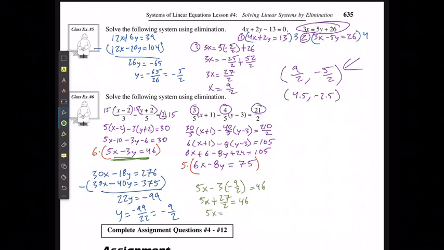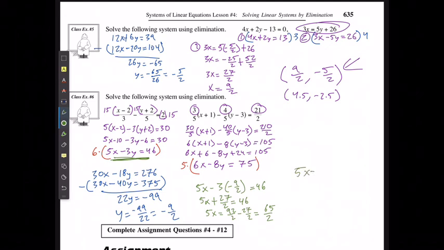5x is going to equal, I need to put 46 over 2, so it's going to wind up being 92 over 2 minus 27 over 2, which is going to give me 65 over 2.